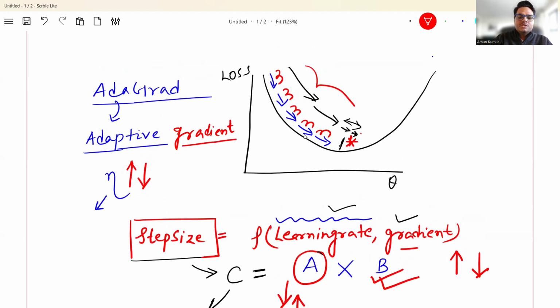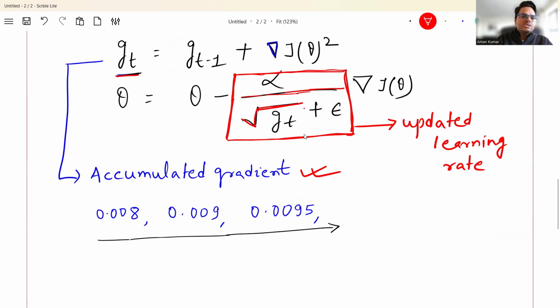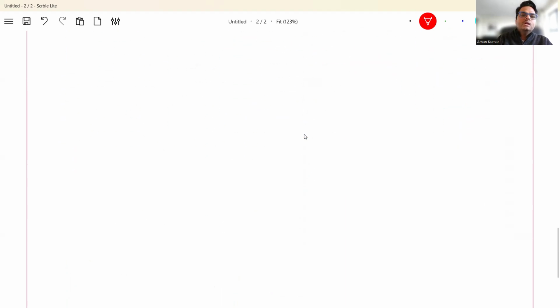In what kind of situations is this particular thing useful, and in what kind of situations is it not useful? Basically, when you are dealing with a sparse matrix, when you have a lot of features in your data, I'll just refer to my notes. You may have too little information about certain features.